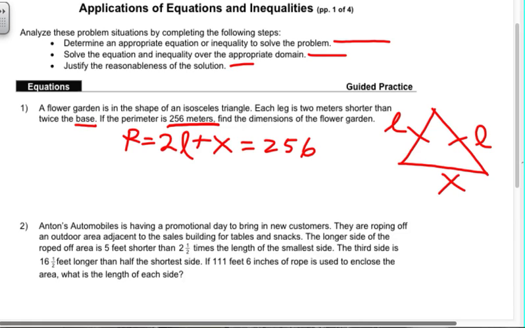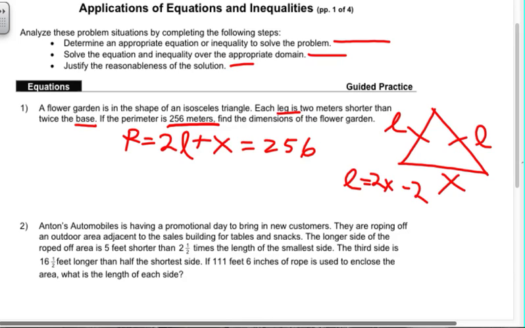Okay, so now what we need to do is come back in and solve for one of these. And they give us that each leg is, so this translates to L equals 2 meters shorter than twice the base. So 2 meters shorter, I'm going to be subtracting 2, twice the base, which is 2x.